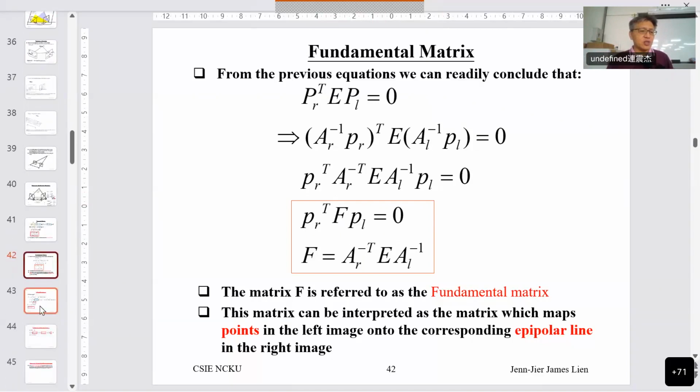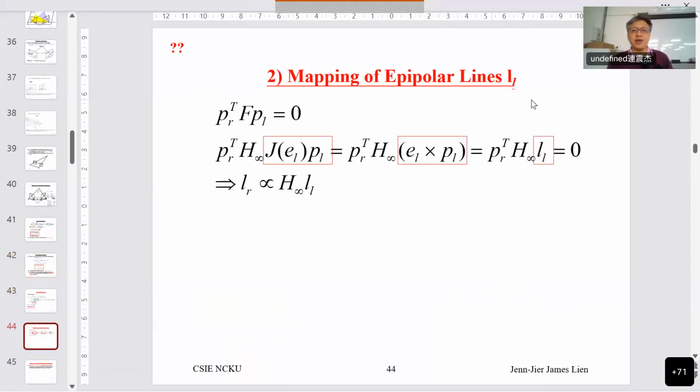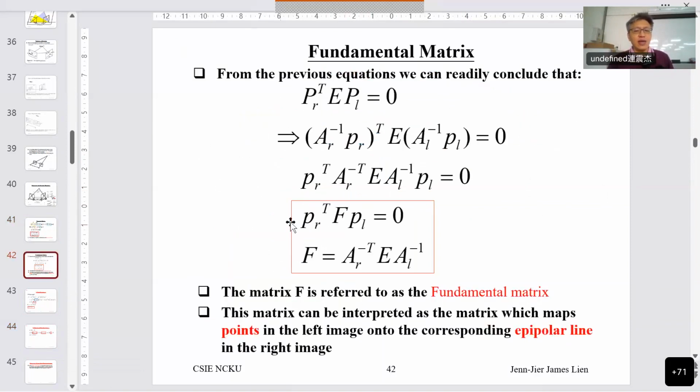I don't explain the others because this is how to find the epipolar line. It's a bit complicated. But OpenCV already wrote this equation for you. So you can just call OpenCV. OpenCV will find the corresponding point. That's meaning if you are given any P, they can find the corresponding point for you.